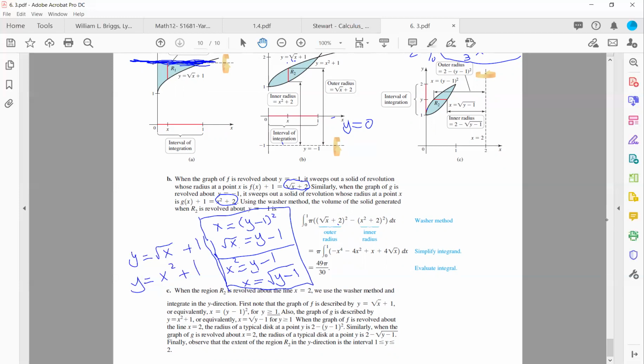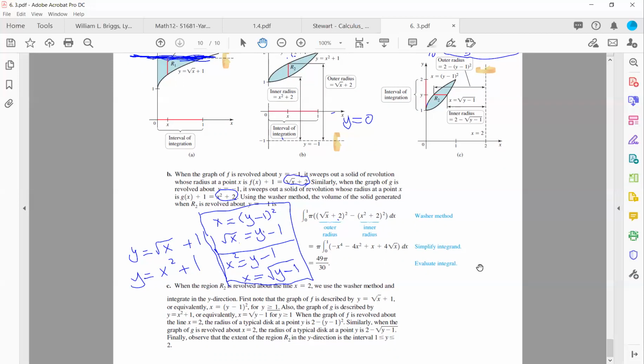We are rotating this about a line parallel to the y-axis. So we have to have all of these functions written in y, not x. Very well. Now we are making changes to the radius. We are shifting these to the right-hand side.